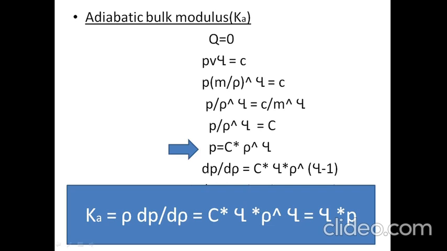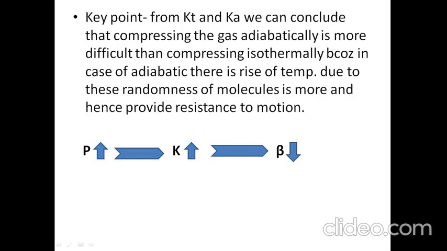Put this value into bulk modulus. So Ka is equal to rho dP upon d rho, which is equal to C multiplied with gamma into rho to the power gamma. So C multiplied with rho to the power gamma is written as P. So Ka can be written as gamma into P. So adiabatic bulk modulus can also be written as gamma into P. Key point: from adiabatic bulk modulus and isothermal bulk modulus, we can conclude that compressing the gas adiabatically is more difficult than compressing isothermally, because in case of adiabatic there is no rise of temperature.